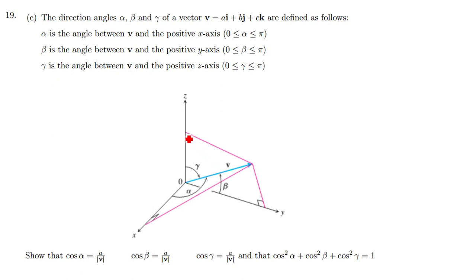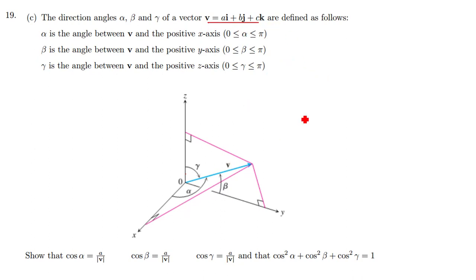I want you to take these axes to be units. What do I mean by that? For instance, when I talk about the x-axis, we know all vectors are in this format: ai, bj, and ck.